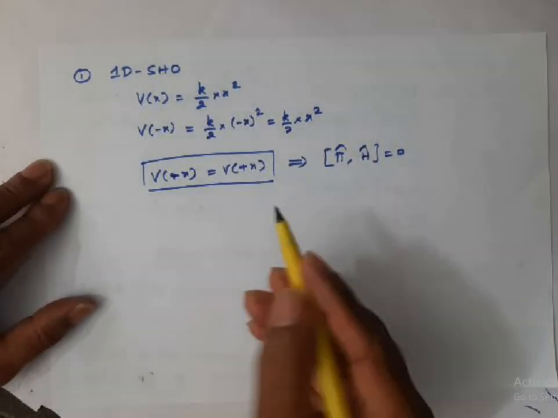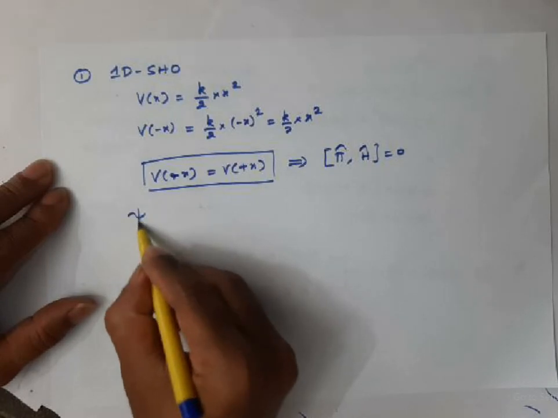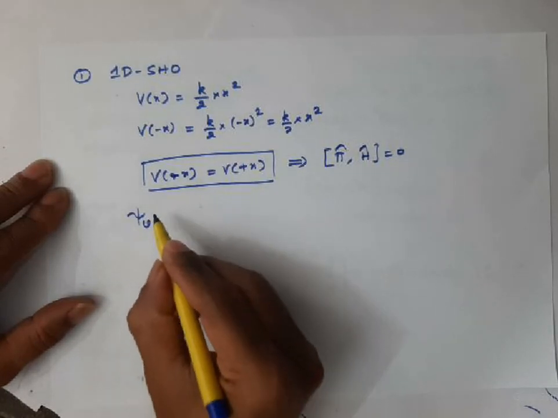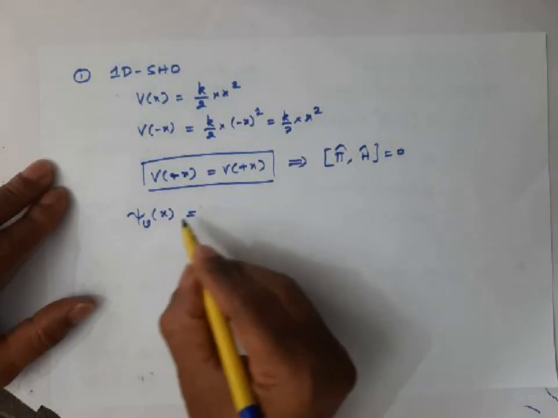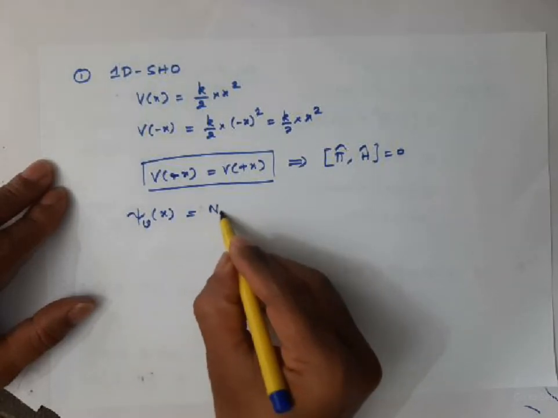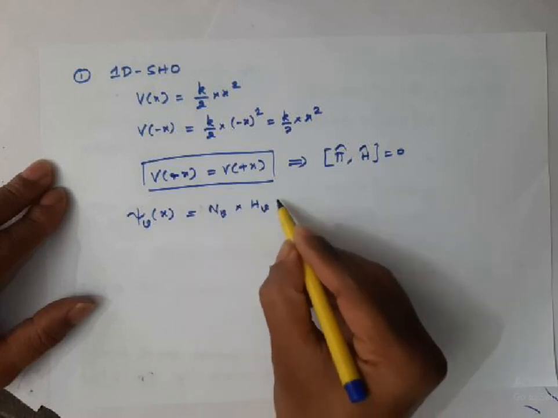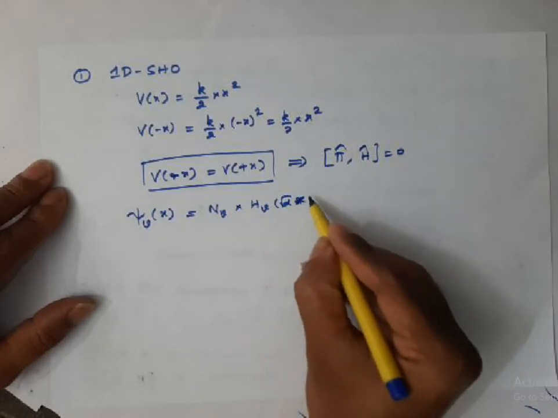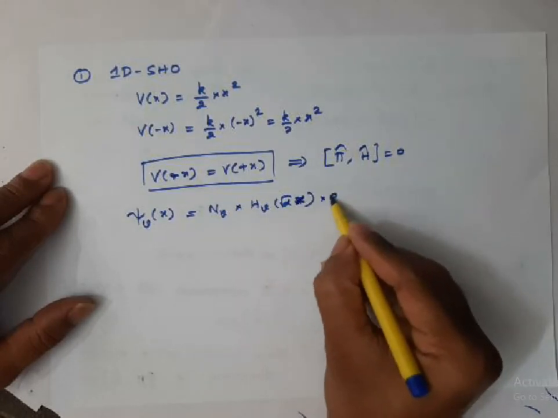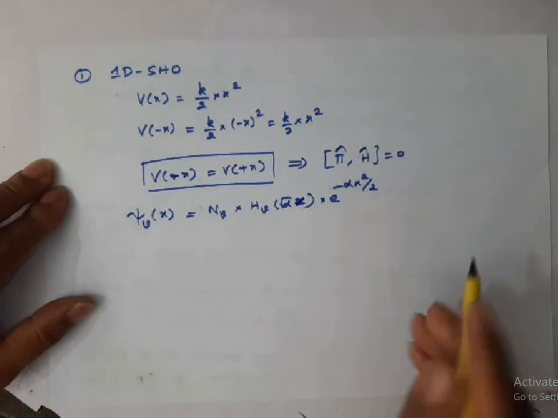Another piece of information is about the wave functions corresponding to the vibrational states, psi v of x. You know very well the formula is a normalization constant into the Hermite polynomial H v of root alpha into x, into the Gaussian function e power minus alpha x square by 2.